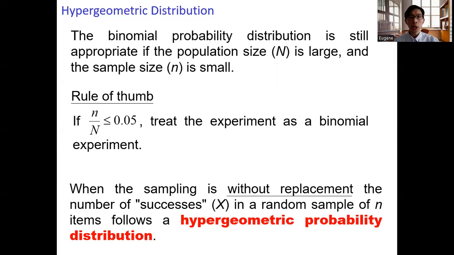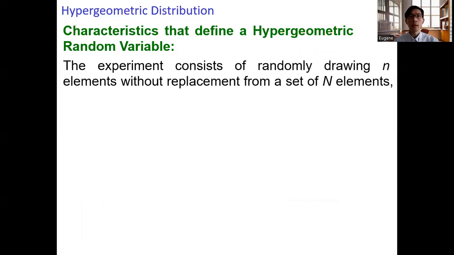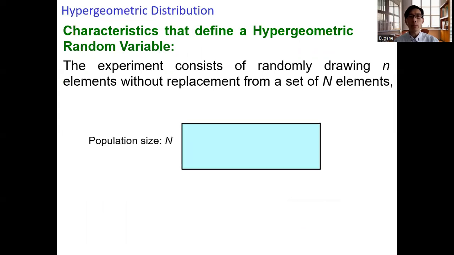In this video, we will focus on sampling without replacement. The number of successes, the random variable x in a random sample of n items, will follow a hypergeometric probability distribution. Let's take a look at the characteristics that define a hypergeometric random variable. The experiment consists of randomly drawing n elements without replacement from a set of capital N elements.